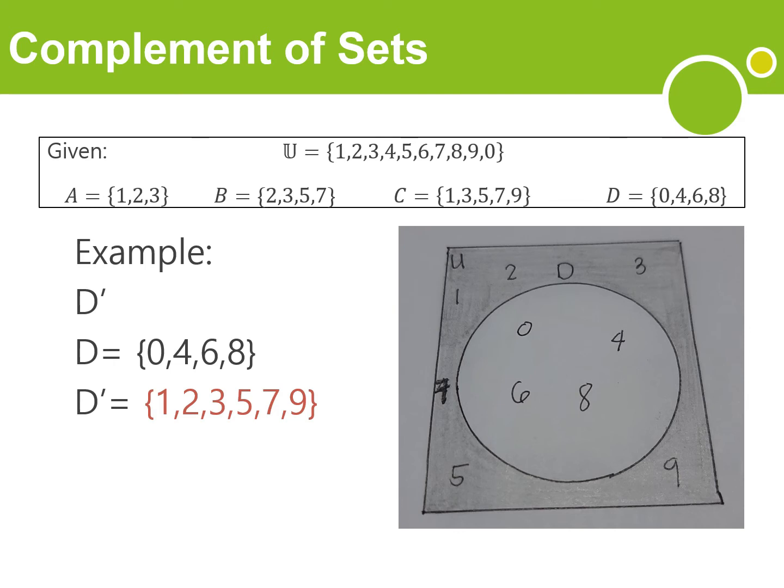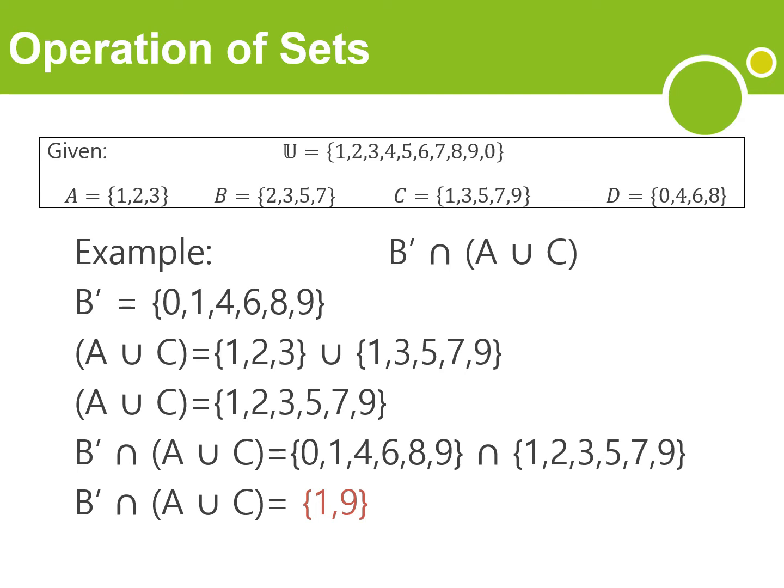So that's it. As I've said a while ago, there are times that we use multiple operations. So, there are times we use more than one operation, or in this case that I'm going to give you, we'll use three. Then, there are times that we will use grouping symbols like parentheses.